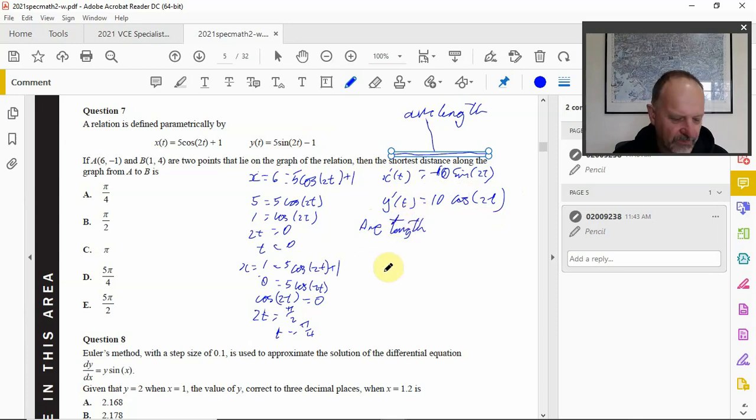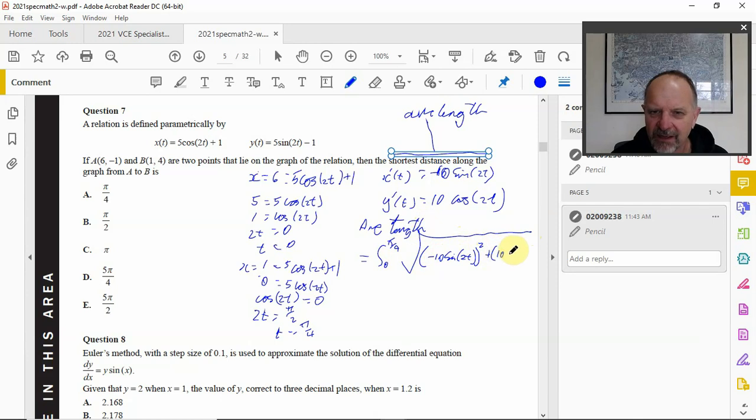It's not, that's an L. The integral from t1 to t2, so that's 0 to pi on 4, of the square root of x dash of t squared, so that's minus 10 sine 2t squared, plus y dash of t squared, so that's 10 cos 2t squared, and then outside is dt.